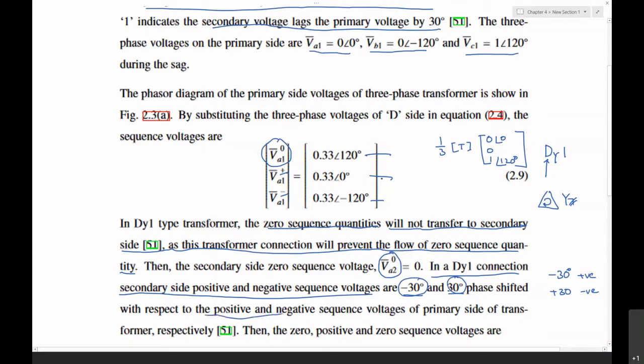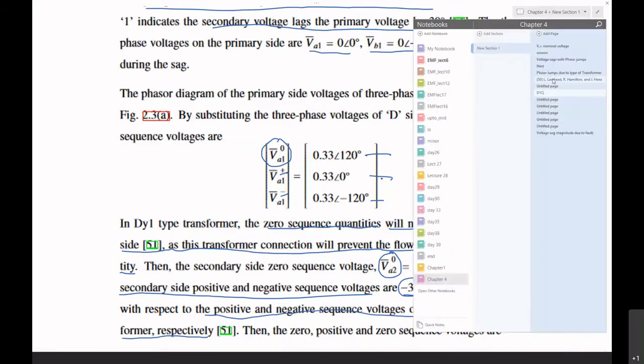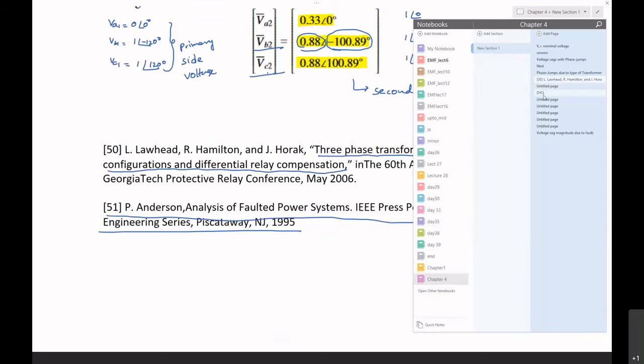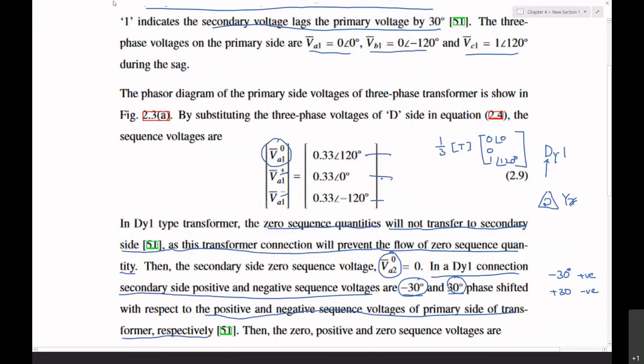Next, the positive sequence and negative sequence voltages of the primary side of the transformer. You can refer to this textbook, S.P. Anderson, Analysis of Faulted Power Systems, where he discussed this point.